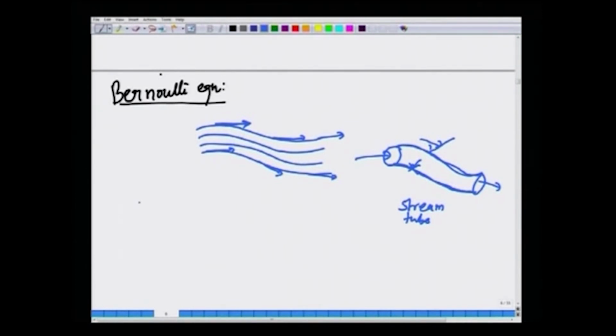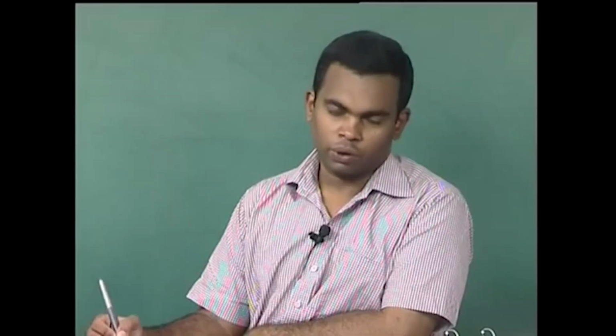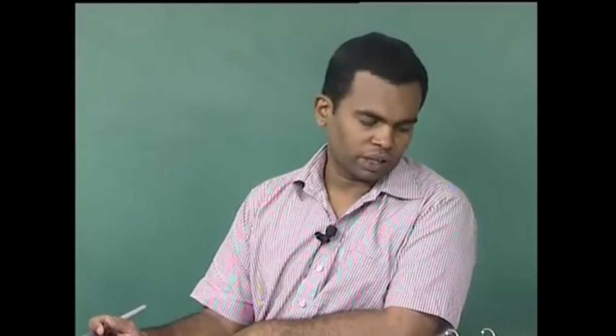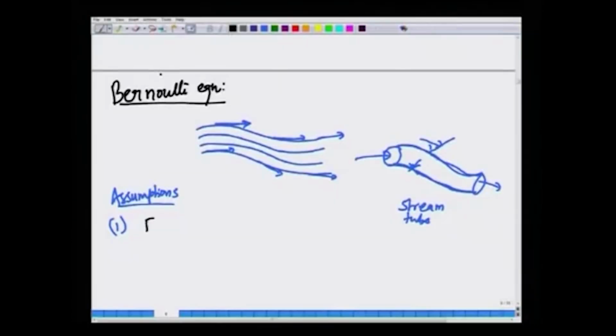Now, we will make some major assumptions in order to derive the Bernoulli equation. These will tell us the crucial distinctions between the Bernoulli equation that we are going to derive and the most general form of energy balance, which is a statement of the first law of thermodynamics. We will assume that the fluid is incompressible, so density is constant.